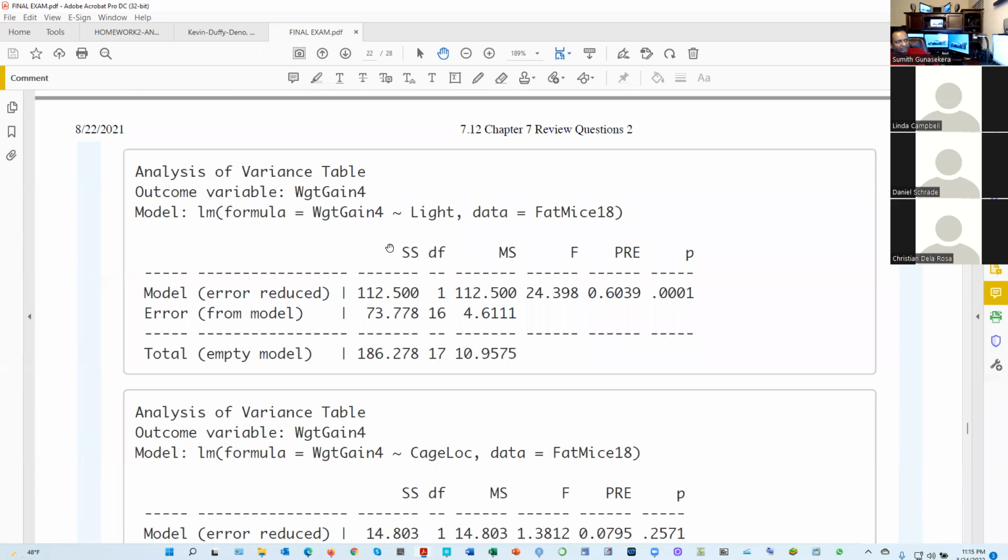I'm trying to explain this by this variable or this variable. Earlier we had different Y's, they were trying to explain by different levels of what is that?